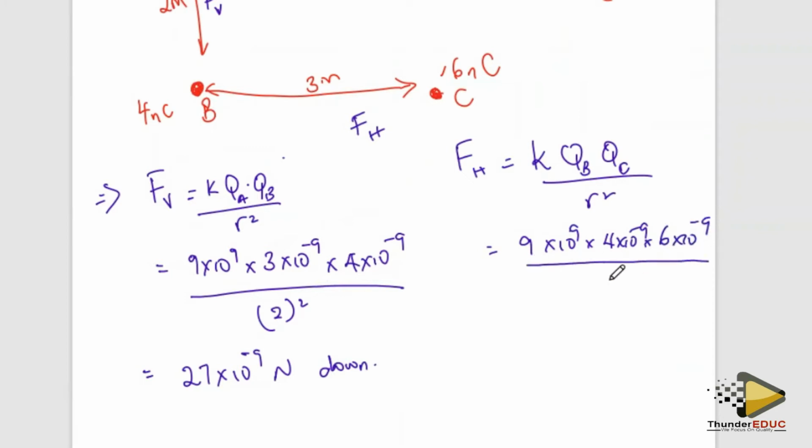I'm dividing it by 2 squared. Okay, so this is going to give me 24 times 10 to the negative 9. Now, since the charges are the same, it's going to be repulsion. So that is to the right.